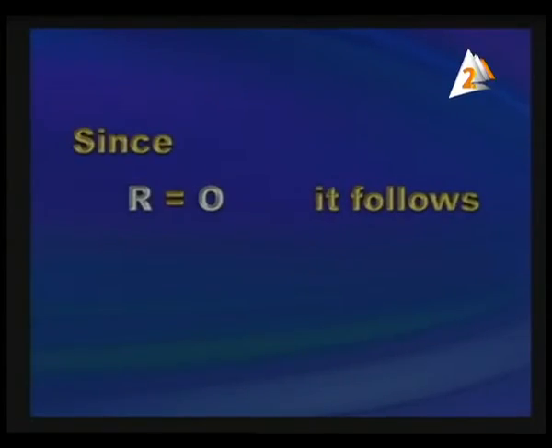IR is equal to 0 because R is, yes, 0. So we can say V is equal to L di over dt. Okay, so if we want to obtain the instantaneous voltage, okay, it is equal to L, and we need to obtain the first derivative of the current.